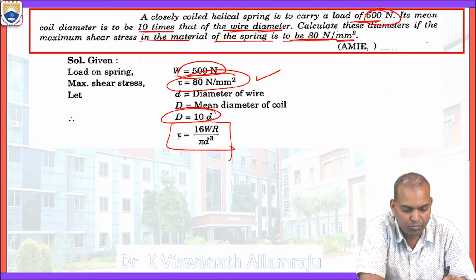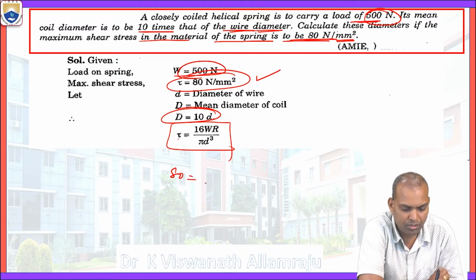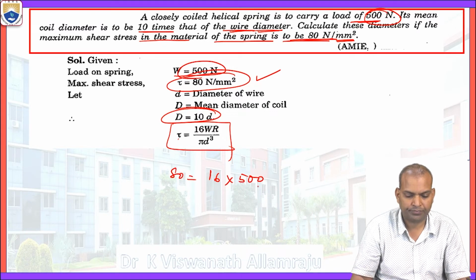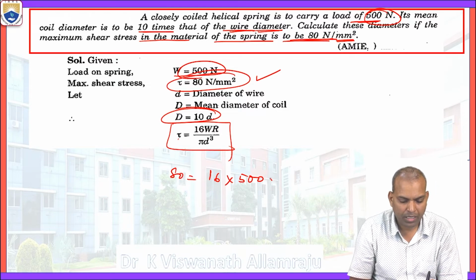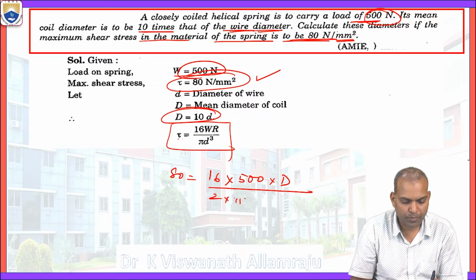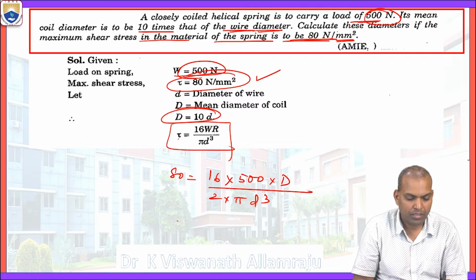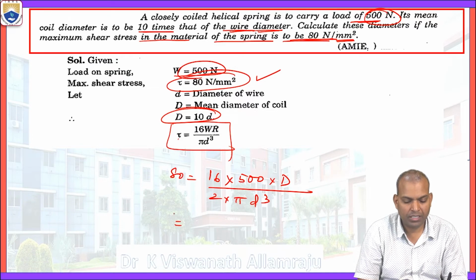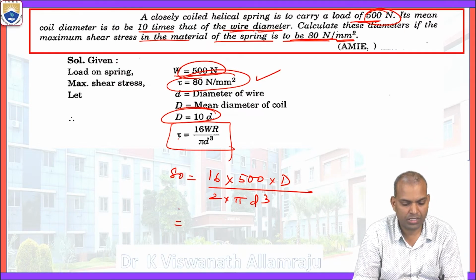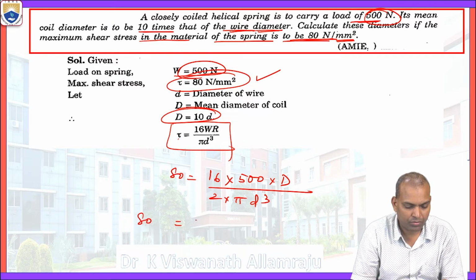Now tau equal to 80. 80 equal to 16 times W, 500 newtons, capital R equal to capital D by 2, times pi d cube. We know that capital D equal to 10 times d. 80 equal to 16 times 500, capital D is equal to 10 times small d by 2, times pi d cube.